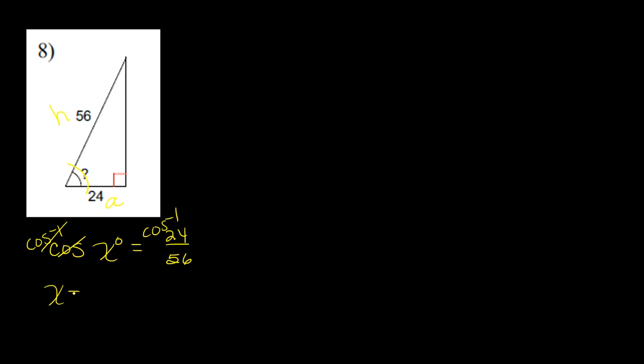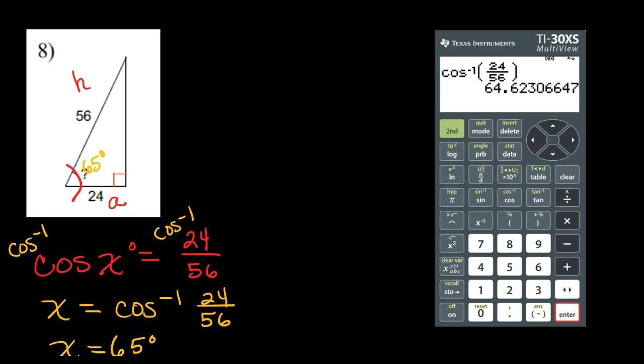We have x is equal to the inverse of cosine times 24 over 56. So again, on your calculator, second cosine, n over d feature, 24 over 56. That gives us 65 degrees. Remember, we're rounding to the nearest degree.